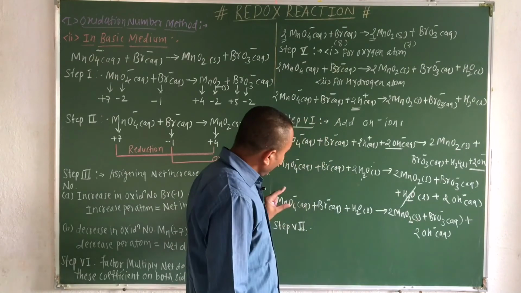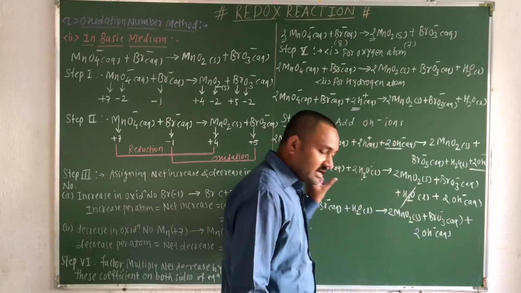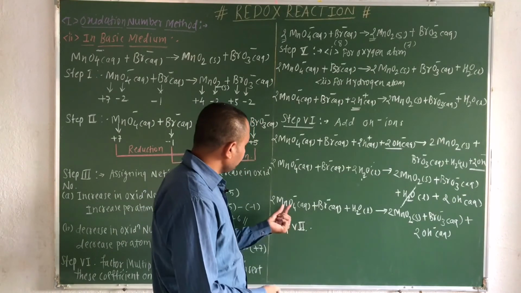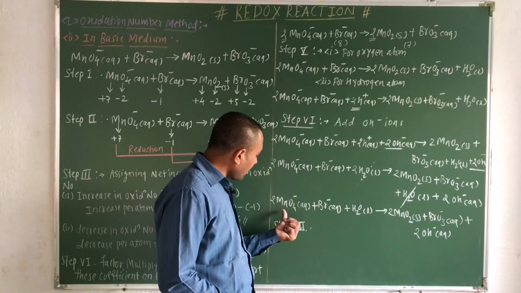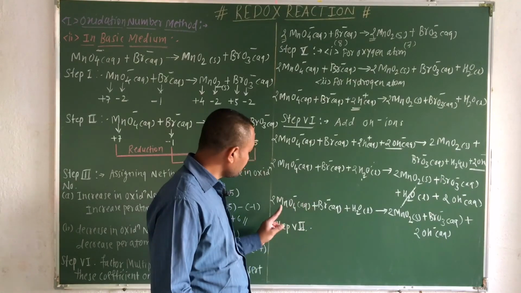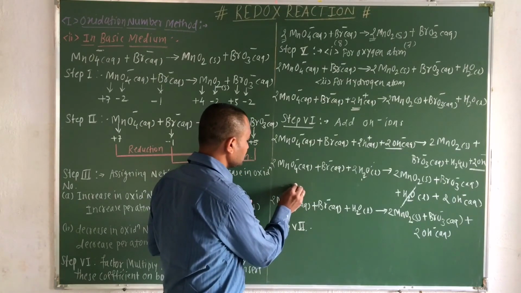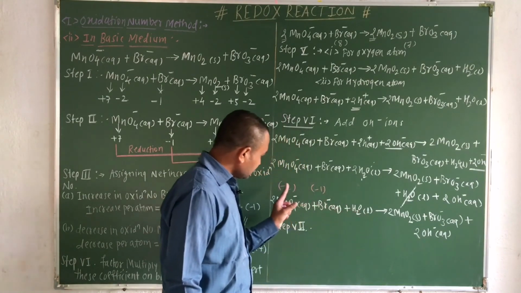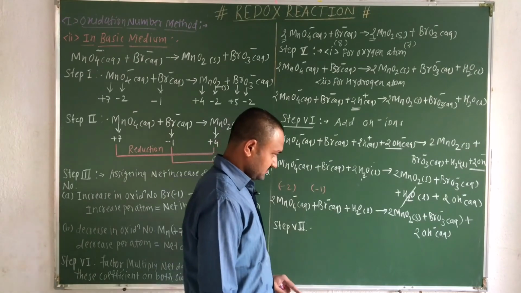So all atoms from your left hand side and right hand side are balanced. Now let us consider the charges. Remember, 1 MnO4 minus has 1 minus charge, for 2 that will be minus 2 charge, and Br minus has only one minus 1 charge. So on your left hand side, minus 3 charge.